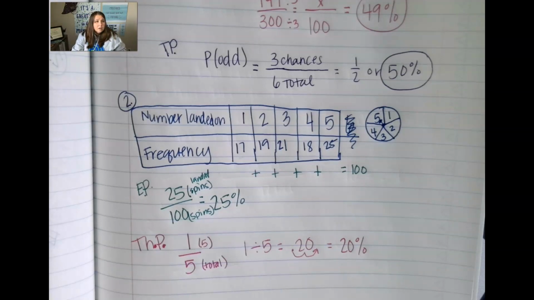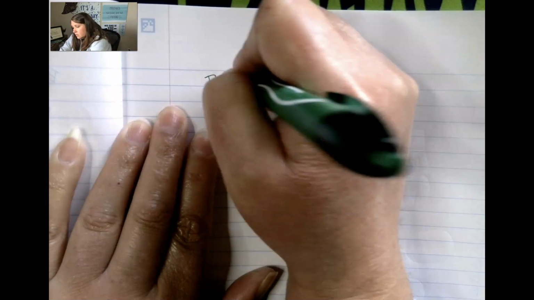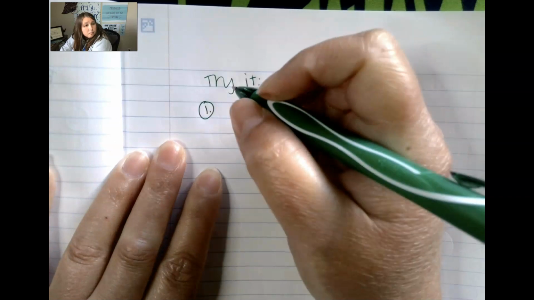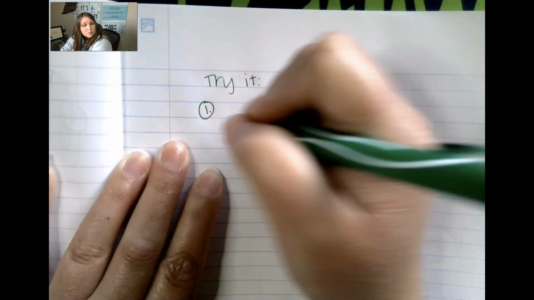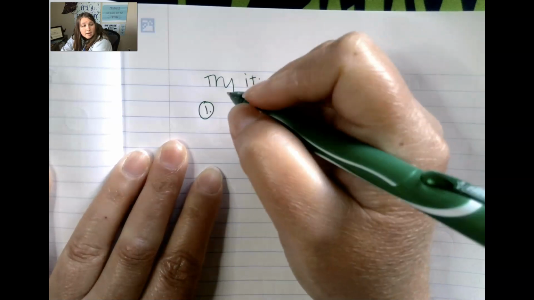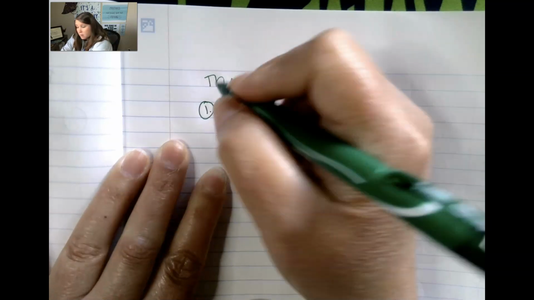On this try it, it's going to have you use the original chart again. Your try it says, how does the experimental probability of rolling a number greater than 1 compare to the theoretical probability?